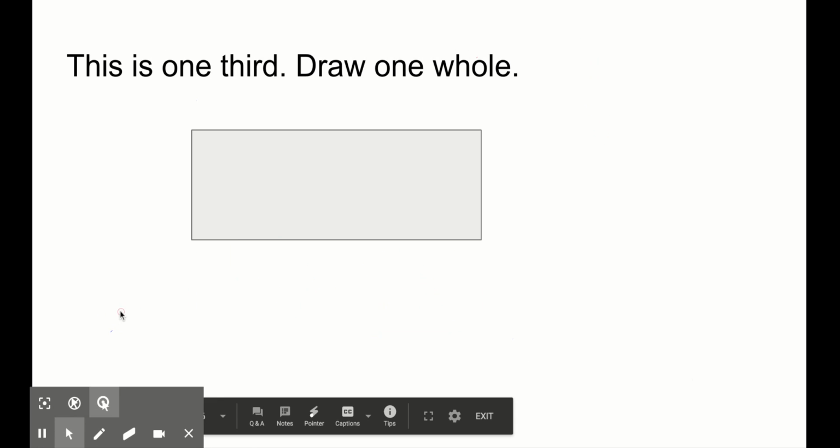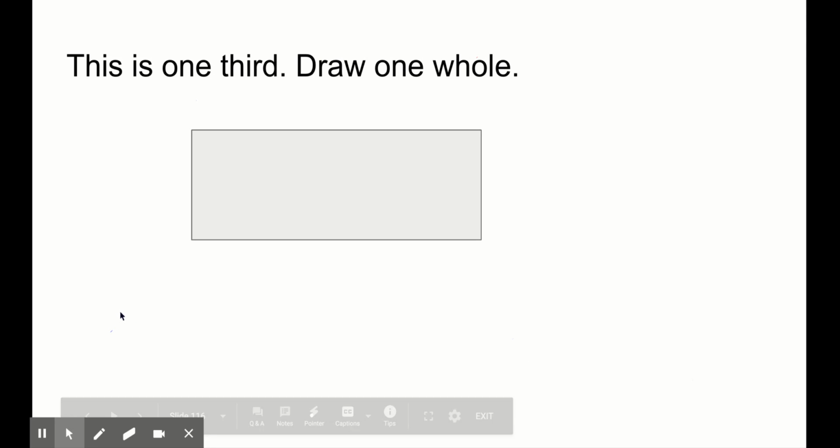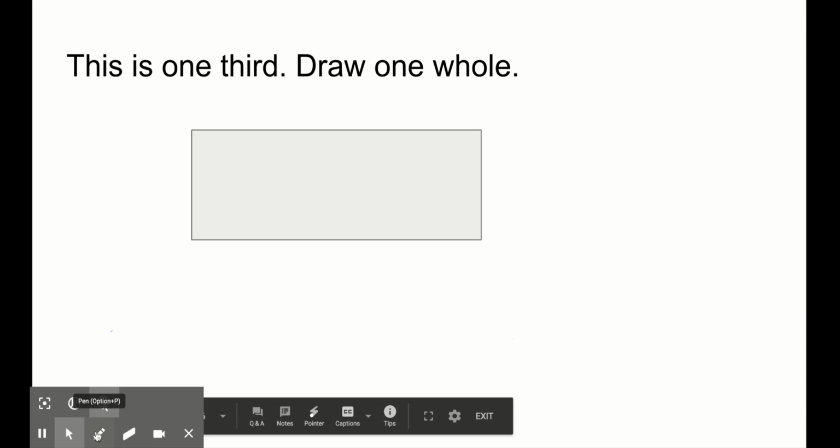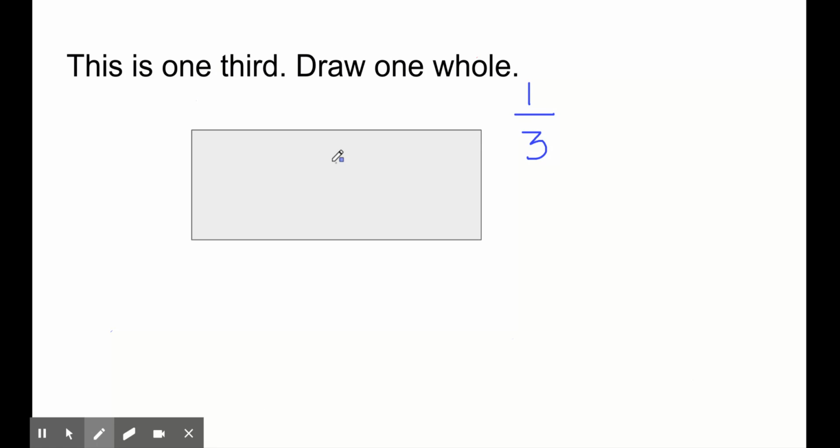Let's try another. This is 1/3. Draw one whole. Well, if it's 1/3, we know that it has three parts. I only see one part here, so I need to draw two more parts. So I'm going to make this long.